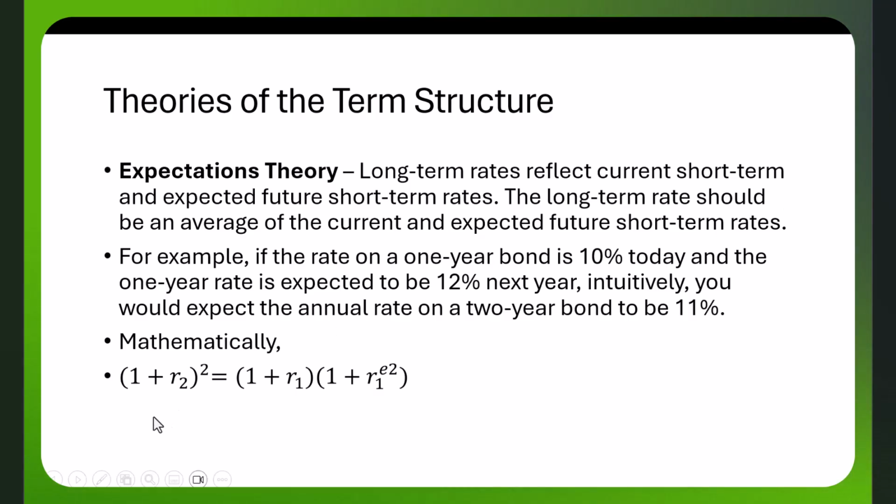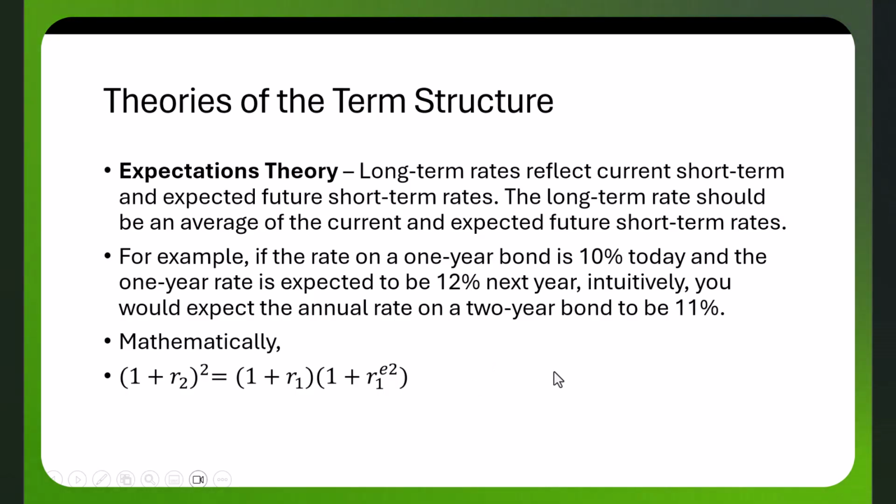So mathematically, we're saying that 1 plus the rate on a 2-year bond right now, squared, so this is compounded for 2 periods, equals 1 plus the rate on the 1-year bond right now times 1 plus the rate on the 1-year bond expected in year 2.